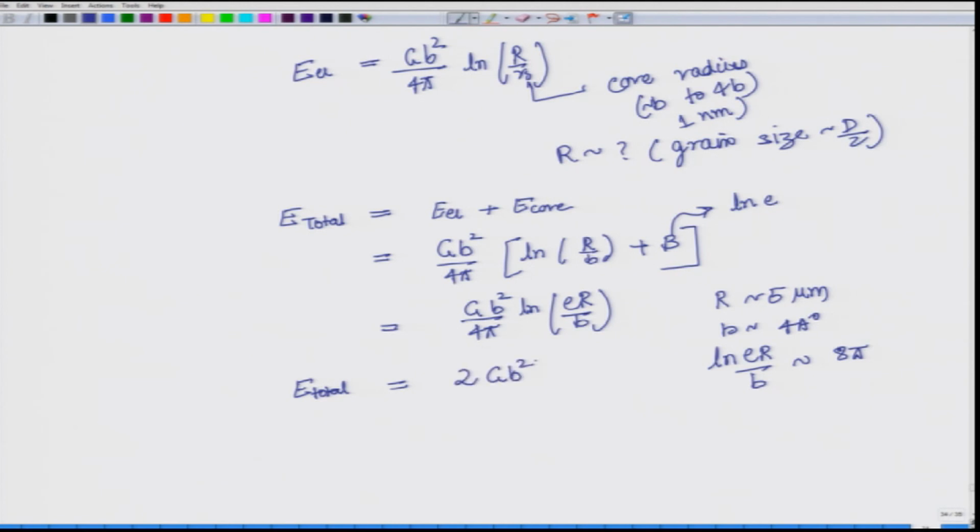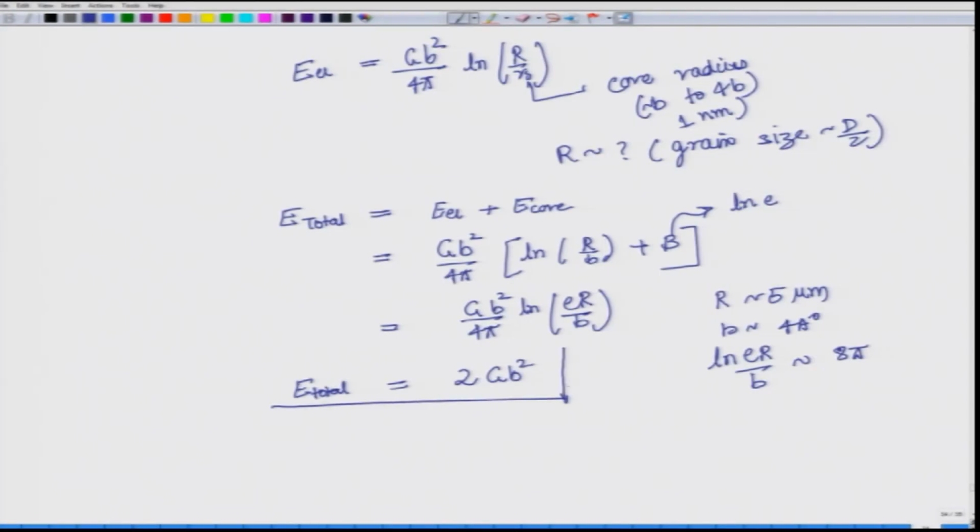So, you see with certain assumptions we are seeing what will be the final form of the relation, the approximate relation with respect to the elastic energy, and it comes out to be E elastic is equal to 2 G b square. Now, there are certain assumptions already made over here. So, in order to make sure that those assumptions remain assumptions, we can change this 2 to an unknown parameter alpha.